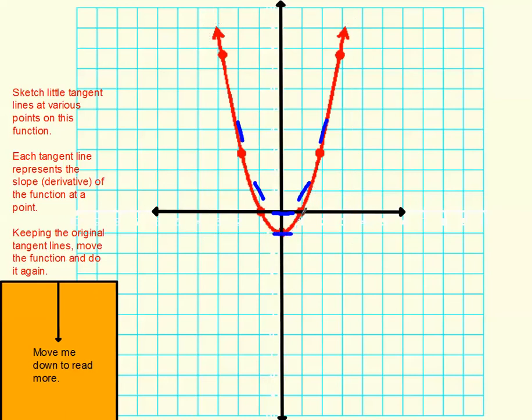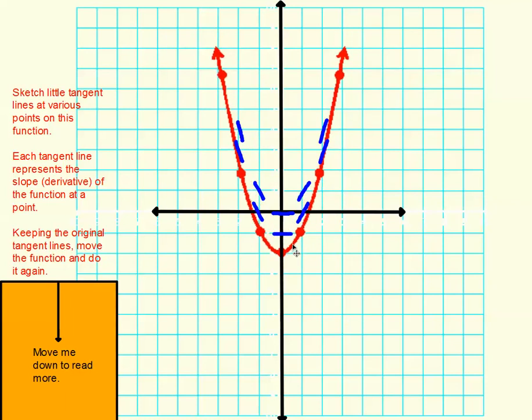I'm just trying to make a line that's tangent to the curve at those indicated points. And I'm going to grab a hold of this parabola and move it and do it again.